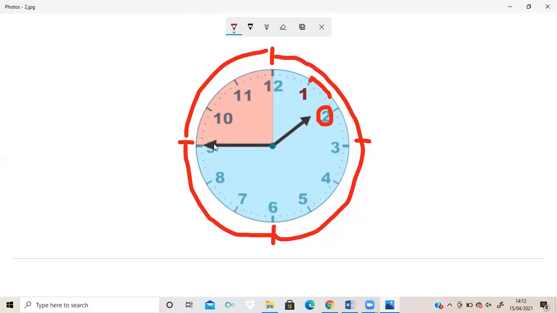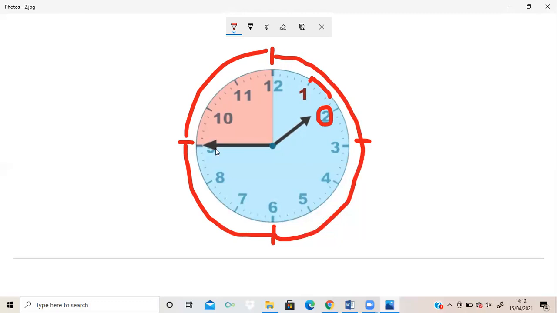But that is left, the minute hand has not finished its journey. So we need to know the time when it is on 9. The time will be quarter to. And which hour? 2 o'clock, because the hour hand's destination is 2 o'clock.